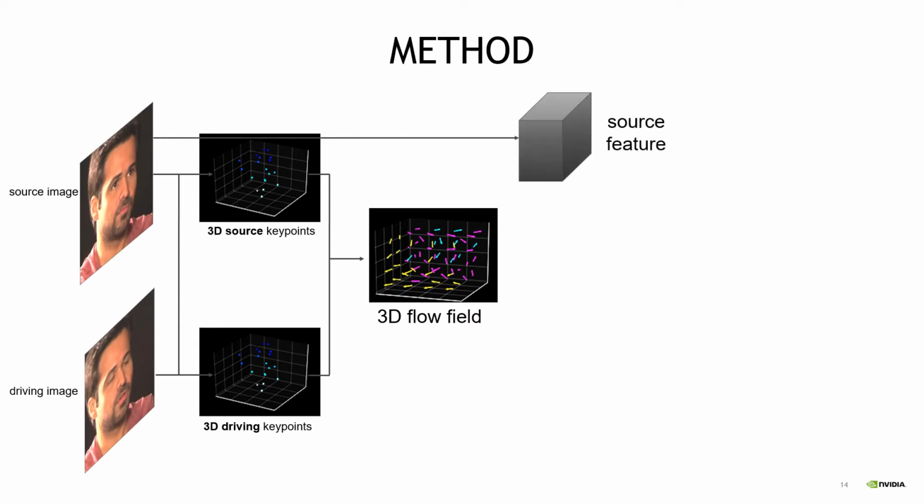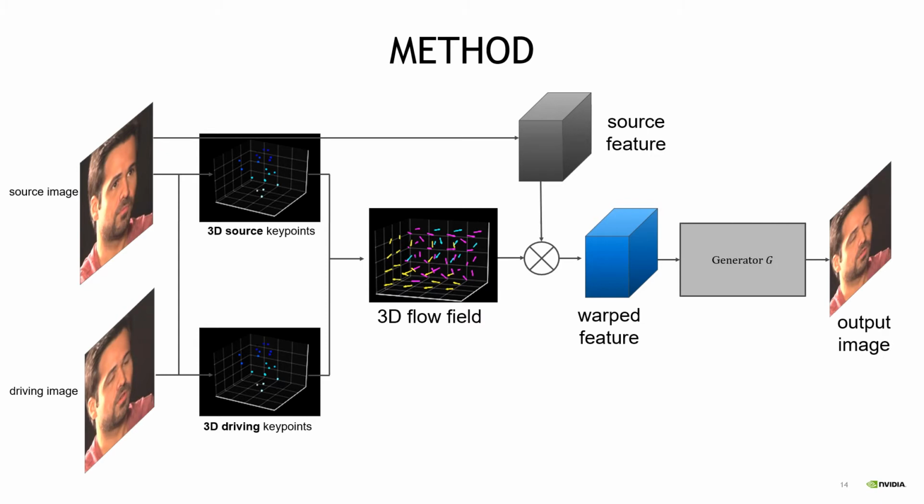This can be used to determine how we're gonna borrow features from source to driving for the reconstruction. So we extract the source feature and use the 3D flow to warp the source feature to get a warped feature, and feed it into the generator to reproduce the driving image. For the scenes that cannot be borrowed from the source feature, the generator has to hallucinate that.